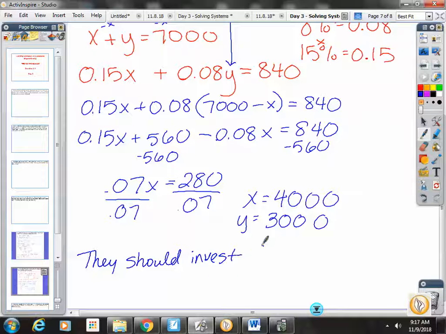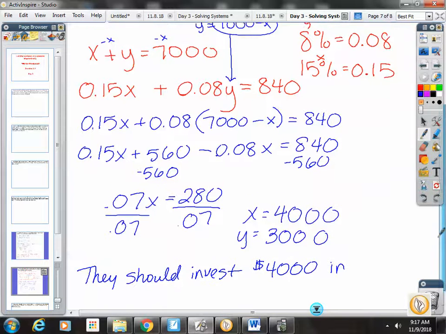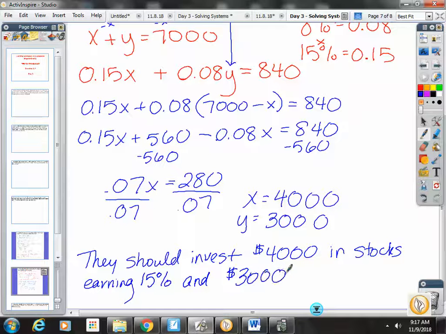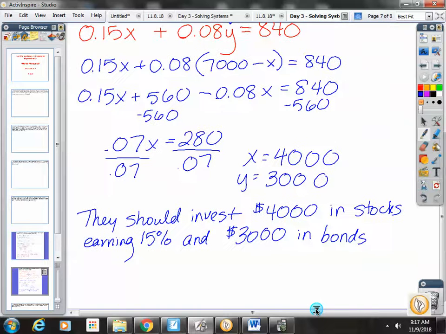They should invest $4,000 in, that was X, in stocks, earning 15%, and $3,000 in bonds, earning 8%.